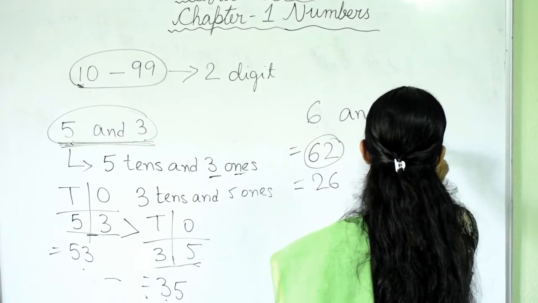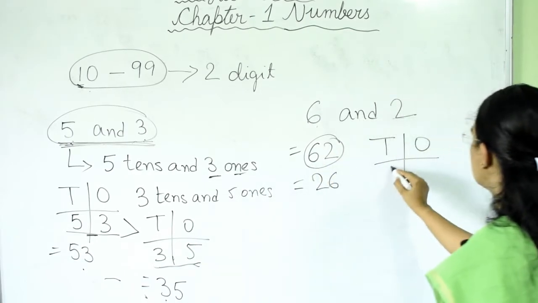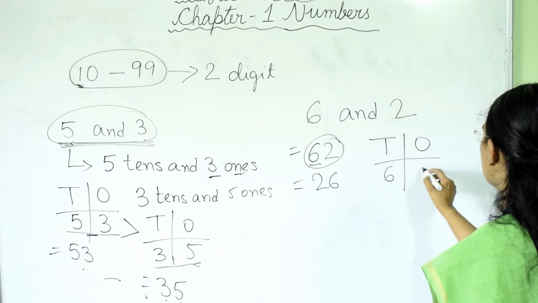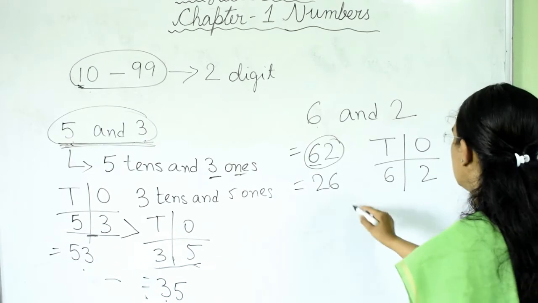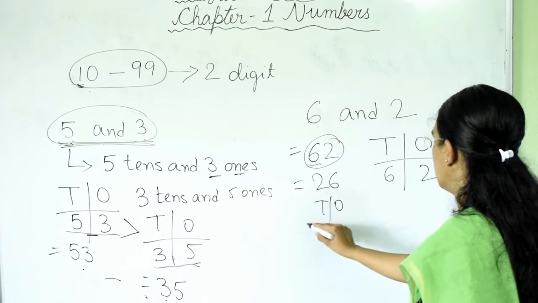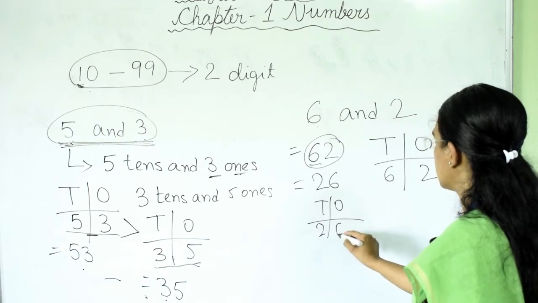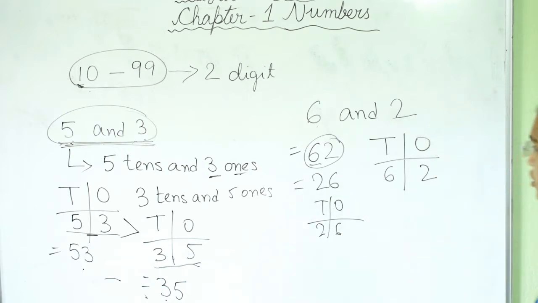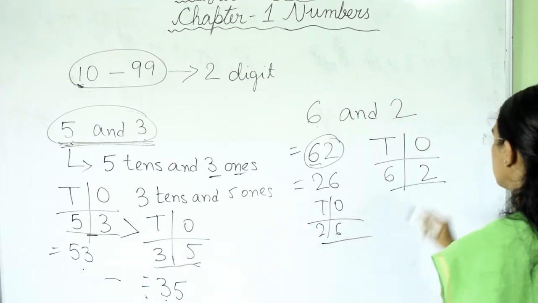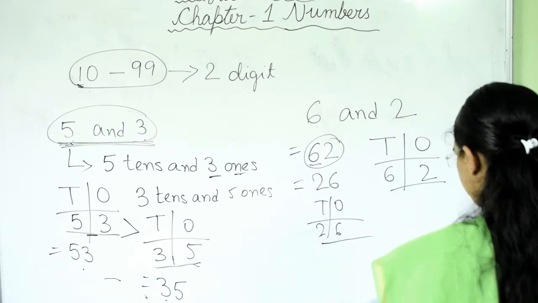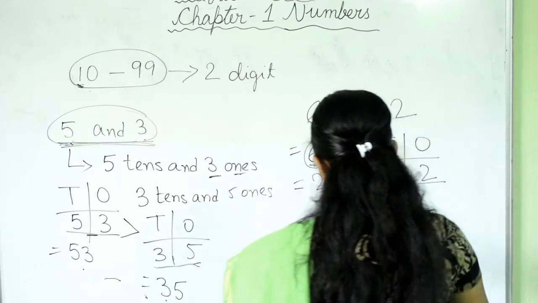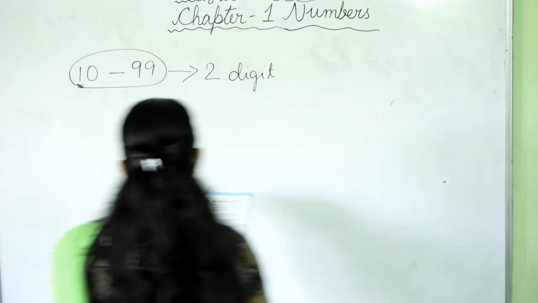When we put it in tens and ones place, 6 is in tens place and 2 is in ones place, and then 2 is in tens place and 6 is in ones place, right? So among these two numbers, which one is the biggest number? 62 is the biggest number. Now next is 38.